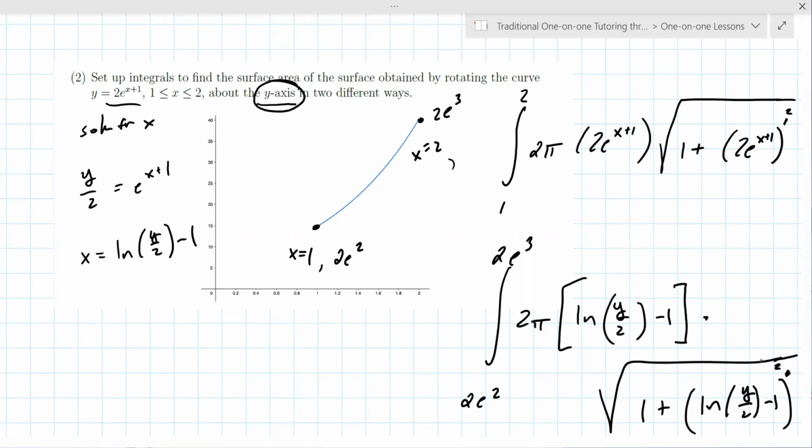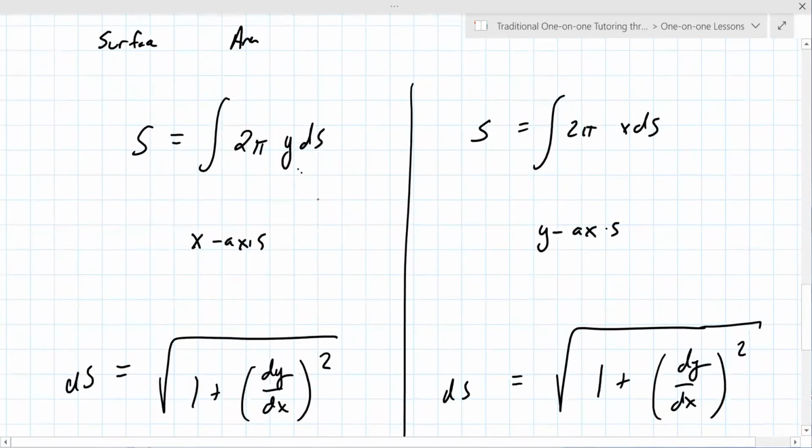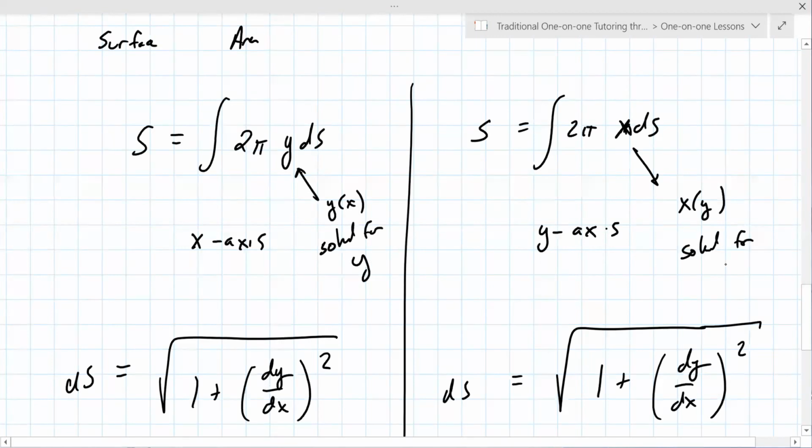But the key here is remembering that when it says 2 pi y, it doesn't really mean y, it means y as a function of x. Right here it's x, this really means x as a function of y. This one is solved for y. This one is solved for x.